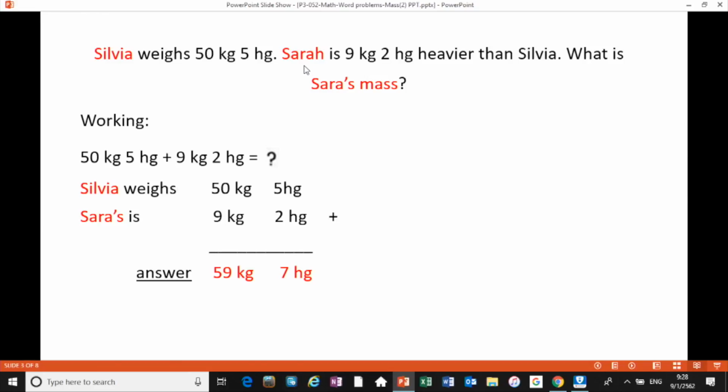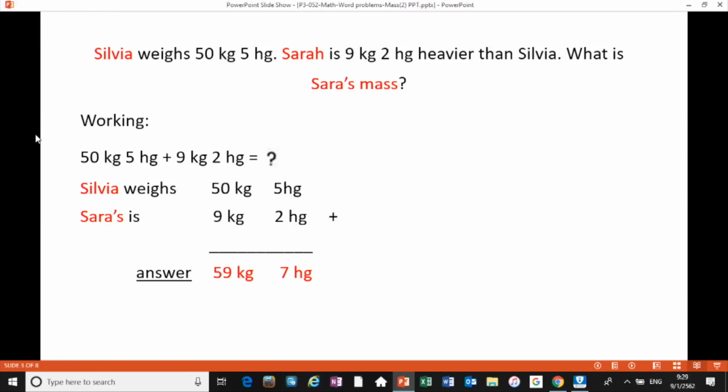Sarah is 9 kilograms, 2 hectograms heavier than Sylvia. So, what is Sarah's mass?